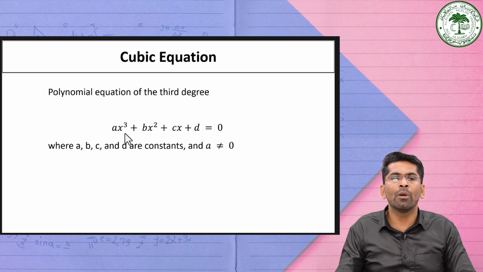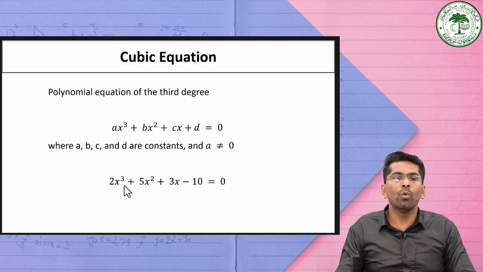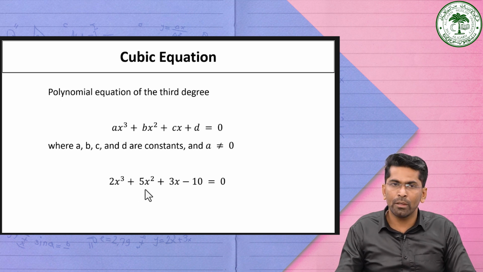If a is equal to 0, then ax cube will become 0, then it will simply become a quadratic equation. Consider one example, 2x cube plus 5x square plus 3x minus 10. So here the highest power of the variable x is equal to 3. So we can say that this is an example of a cubic equation.